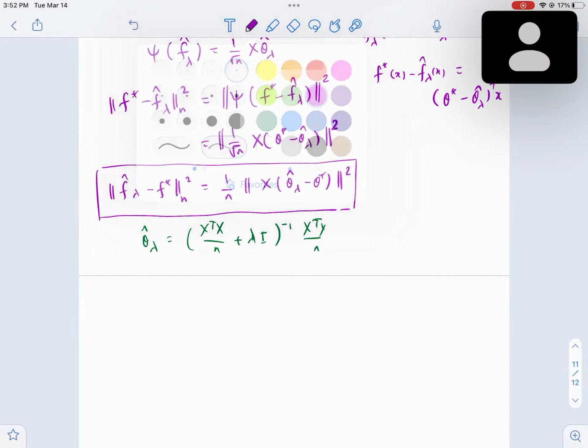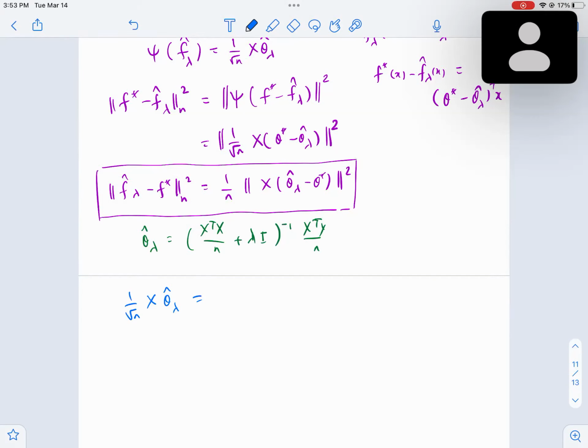Let me ask if you have any questions. It's not particularly difficult, these things. So I'm going to look at this. You'd see that we have 1 over root n here, and I get 1 over root n x transpose x over n plus lambda I inverse x transpose y over n.